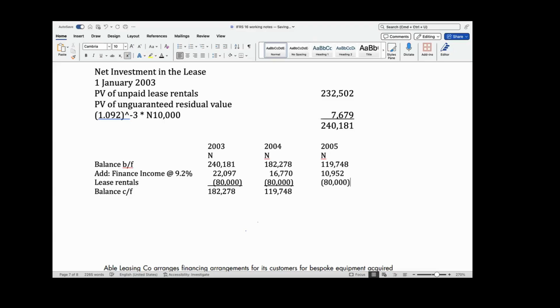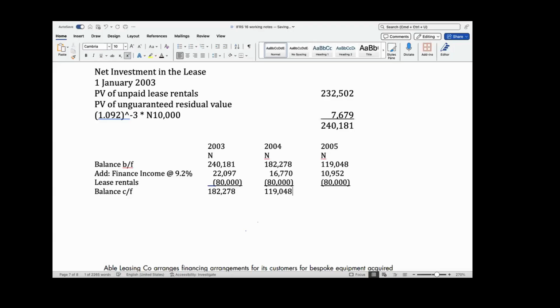The balancing figure carried forward for 2004, I think, is 119,048. Okay.